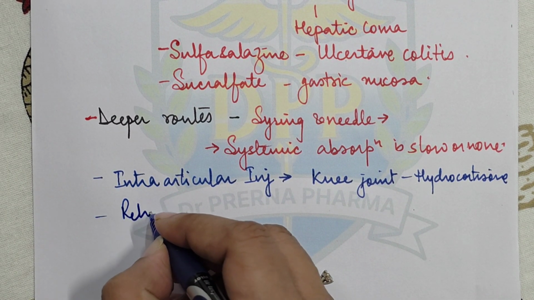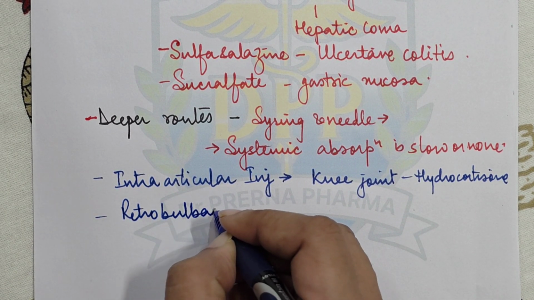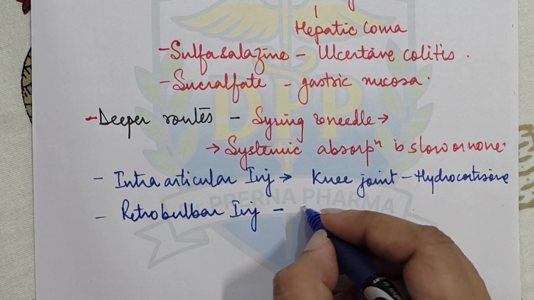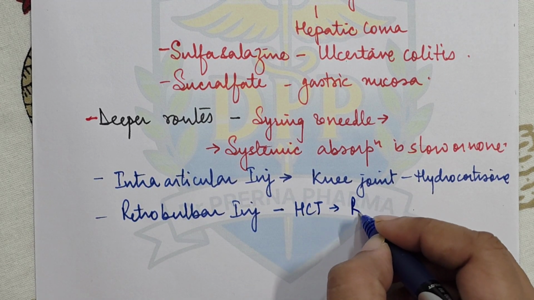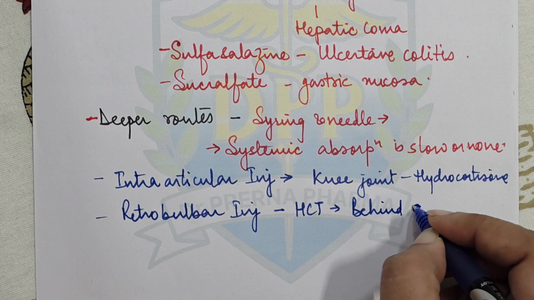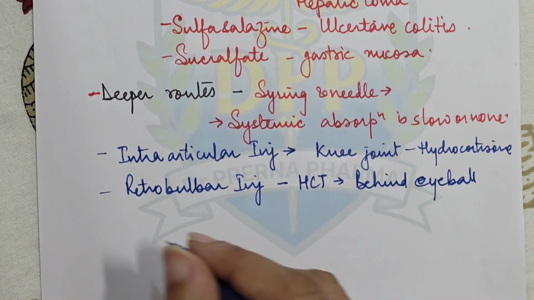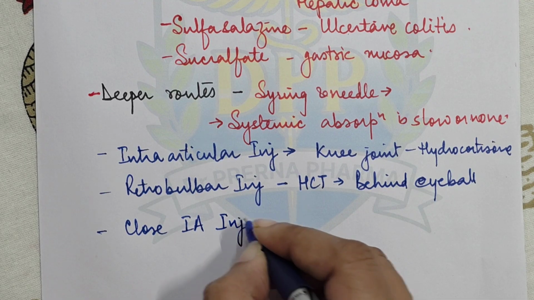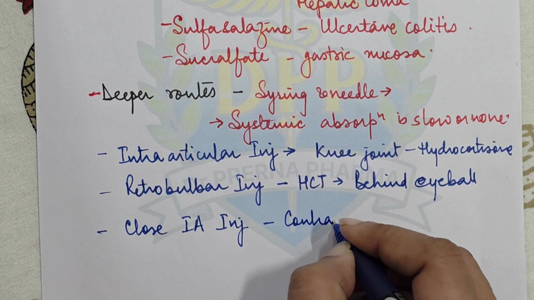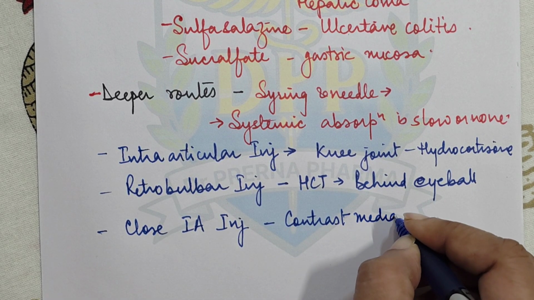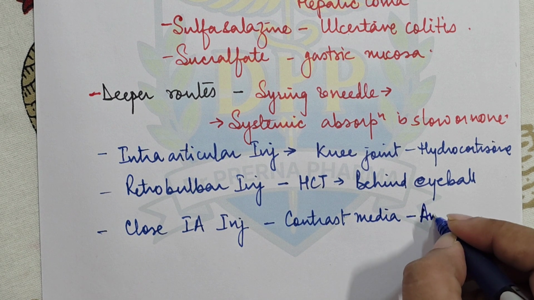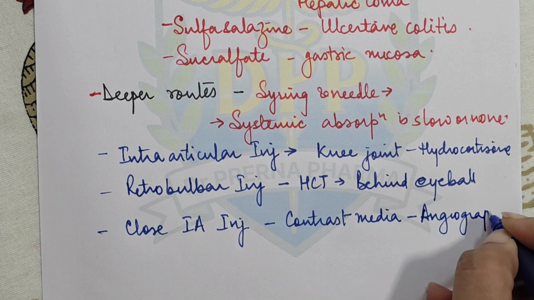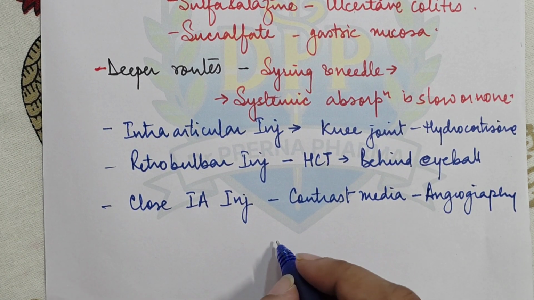Then we can give a retrobulbar injection. Again, hydrocortisone is given behind the eyeball. Then close intra-arterial injections can be given. For example, contrast media is injected in the artery in case of angiography. So that is a local route. The drug is not getting absorbed in the system.